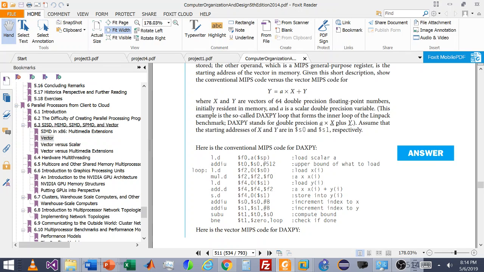We load X, we accomplish A times X, we load Y, then we add the result of AX and Y, and we store them. We do loop overhead maintenance here: we check a bound, we see if we're done, and if we're not, we go back to the top, and we just repeat this.